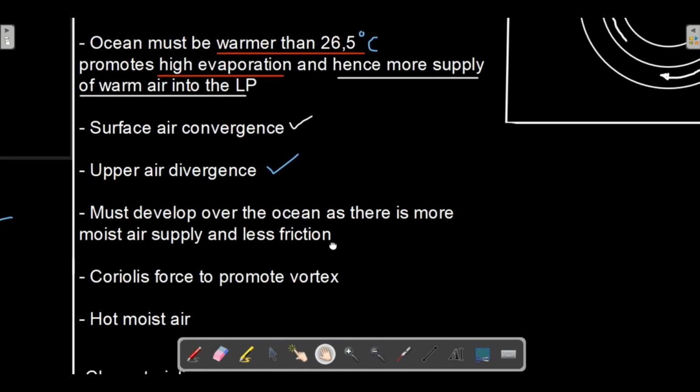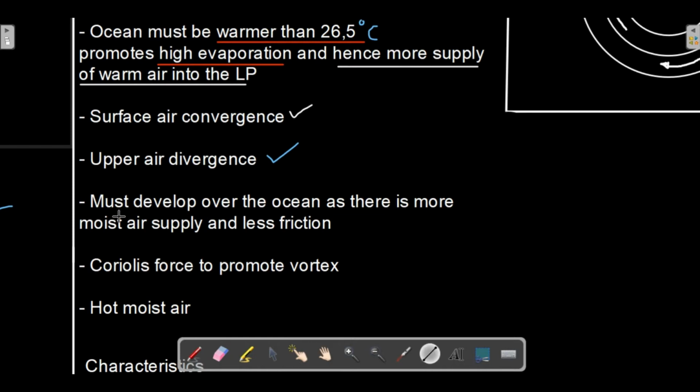Okay, right. So another condition is that, of course, it must develop over the ocean, guys. It cannot develop over the land because the land is dry. Okay, land does not have a lot of water surfaces because the highest moisture you can get, guys, the highest moisture you will get is in the ocean.